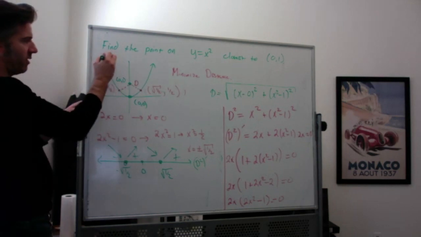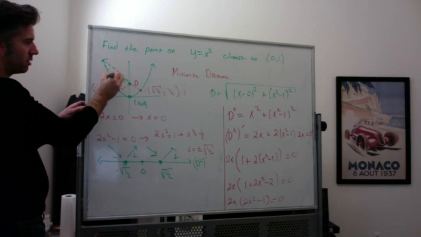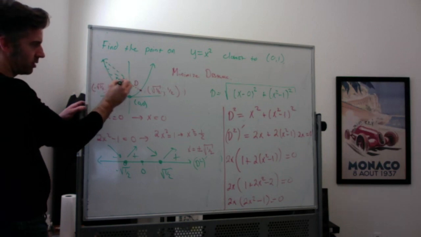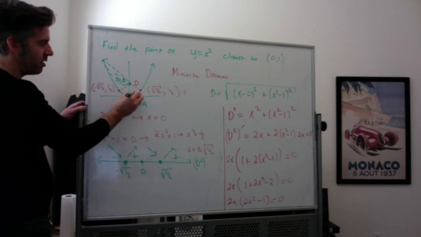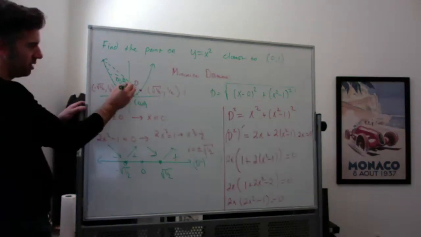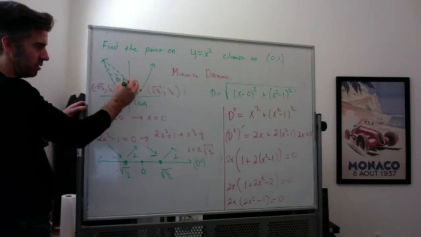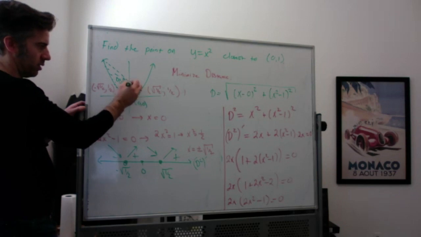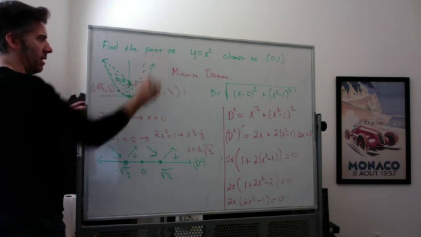If you travel from left to right, so here we're really far away, and then we get closer, closer, closer, closer, closest. And then from here to here, we actually get a little bit further away. All those points are further away, furthest away in this region. Closer, closer, closest, further away, further away.